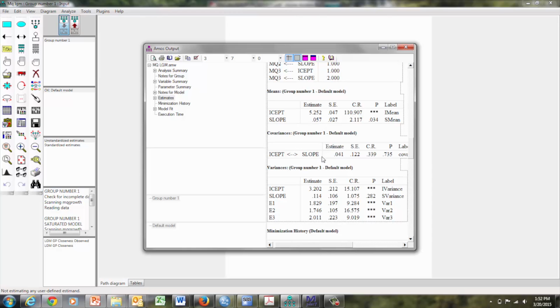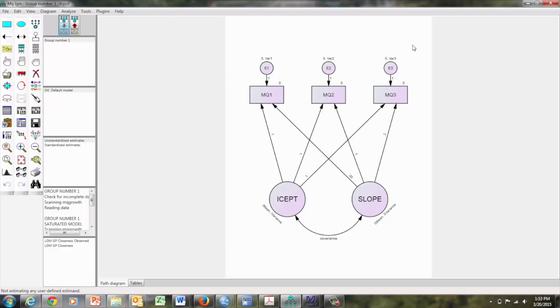When I look at my intercept variance, I see that that is also significant, and my slope variance is not statistically significant. So people are pretty much generally going upward in this data set with the specific variable. However, there is variability in terms of where they start. Okay, so that's how we would set it up in AMOS.